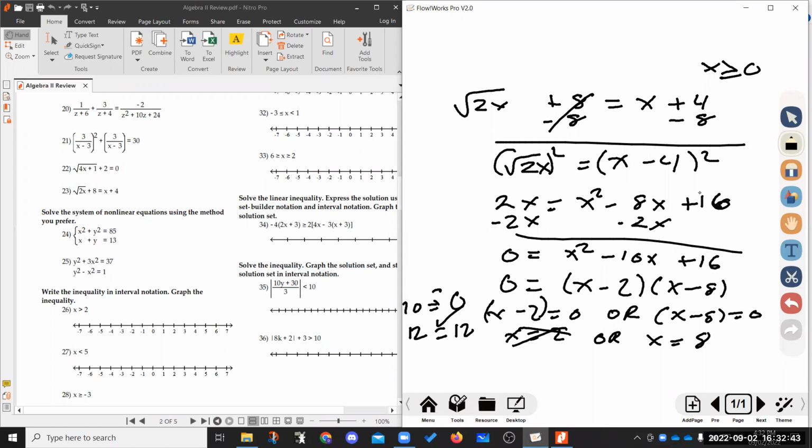So sometimes when I change the domain by squaring both sides like this, I add extra what we call extraneous solutions. So especially when I have square roots in my problem like this, and I square both sides, I need to go back and check my answers because the only real answer to this one was x equals 8. x equals 2 was extraneous.